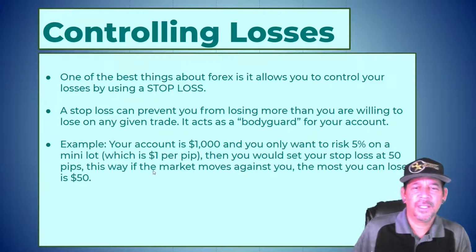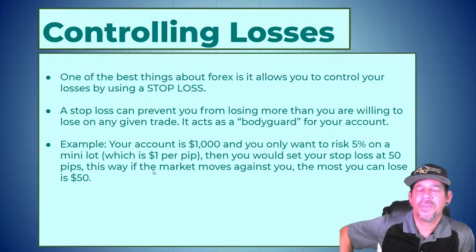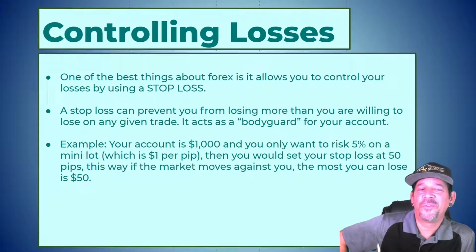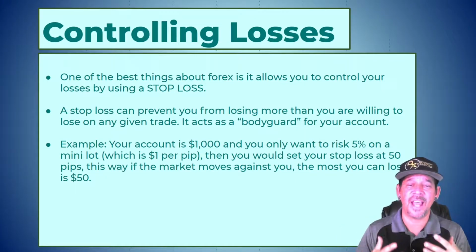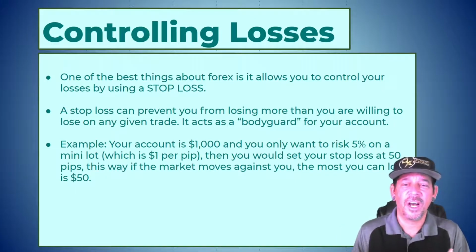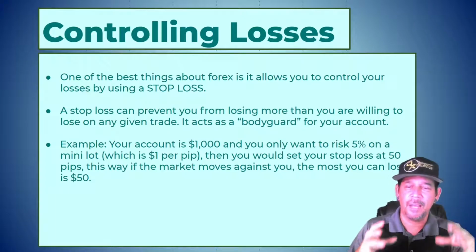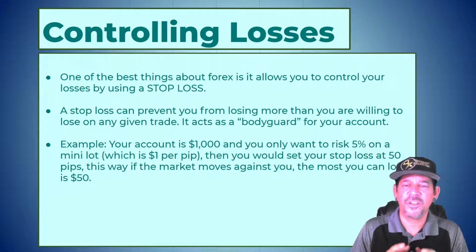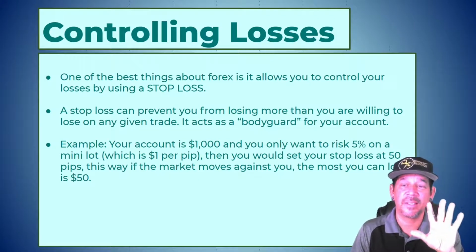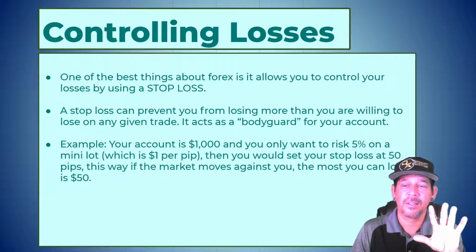For example, let's say your account is $1,000 and you only want to risk 5%. Now, 5% is something that we here at Dynasty Exchange preach. Every time you sit down to trade, you should only risk 5% max overall.